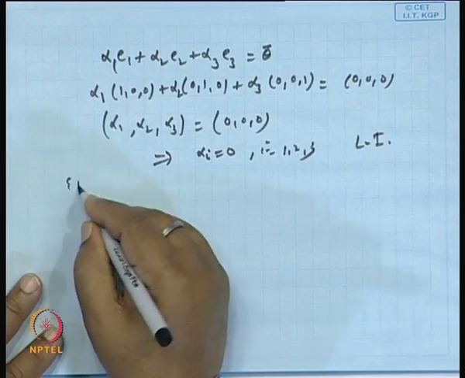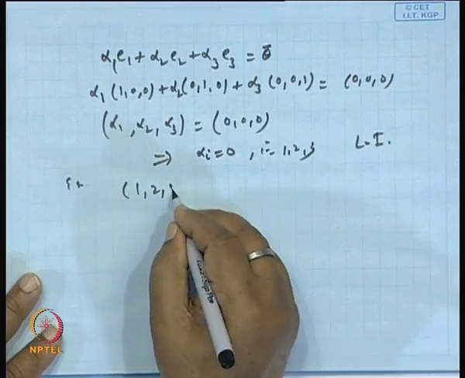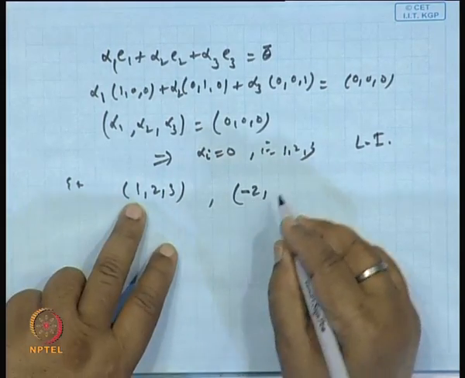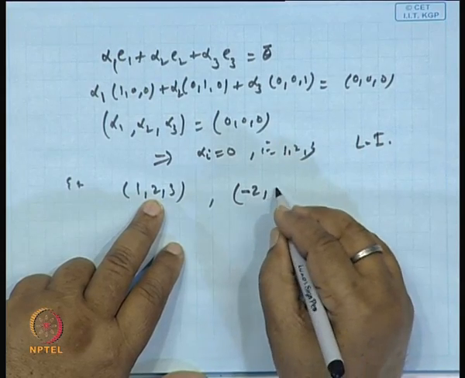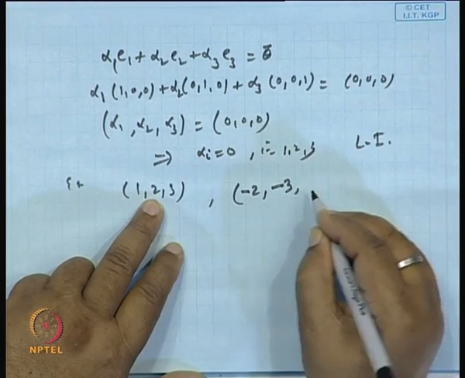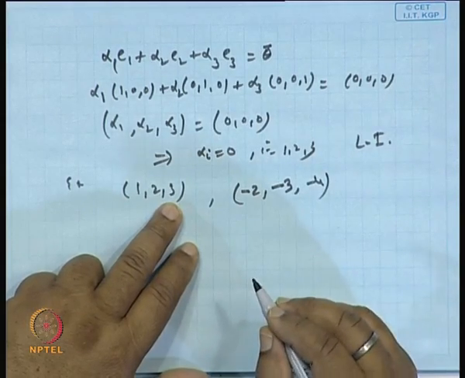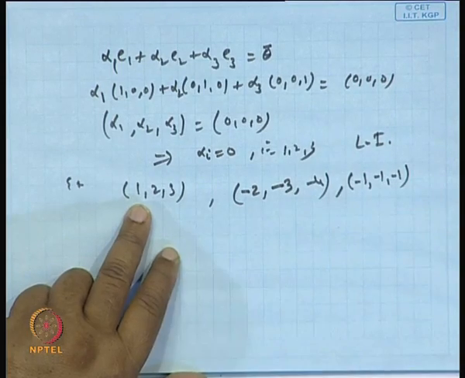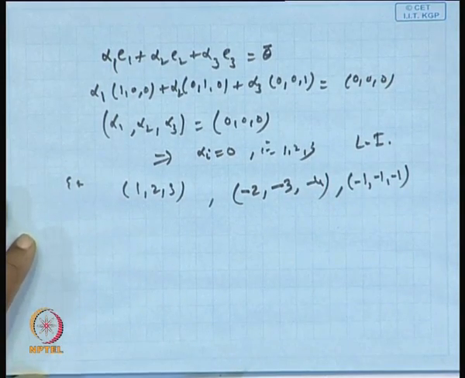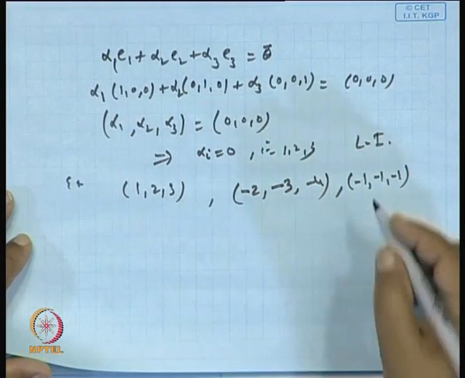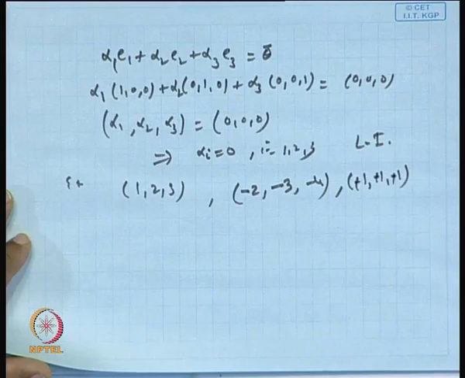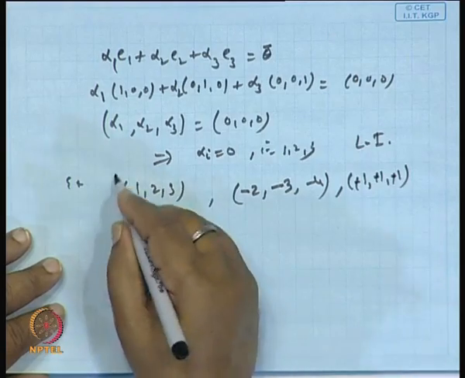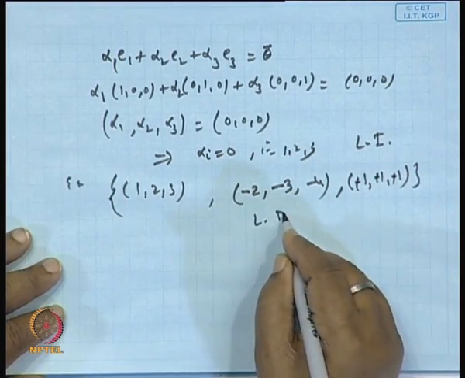But if we take vectors like 1 2 3, minus 2 minus 3 minus 4, and plus 1 plus 1 plus 1, then this set of vectors is linearly dependent.